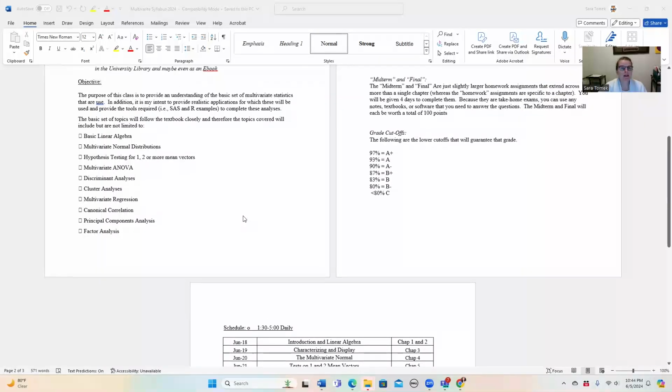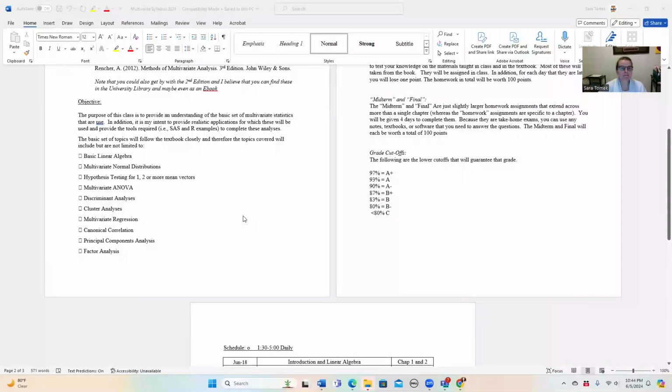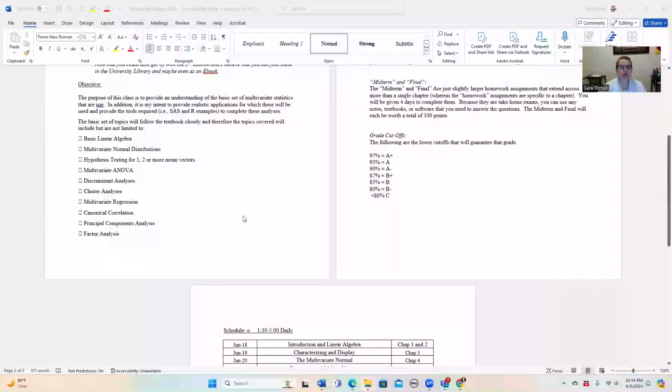What I like to think of this as is the bridge between univariate techniques and moving to more complex relationships with multivariates, multiple variables. Really it starts with understanding how we move from one dependent variable to multiple dependent variables and how that affects our analysis and the relationships you're looking at.